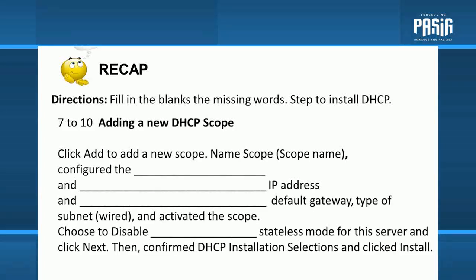Question 7 to 10. Adding a new DHCP scope. Click Add to add a new scope. Name scope. Configure the blank and blank IP address and blank default gateway. Type of subnet, wired, and activated the scope. Choose to disable blank stateless mode for this server and click Next.